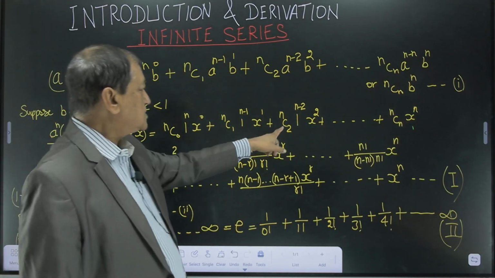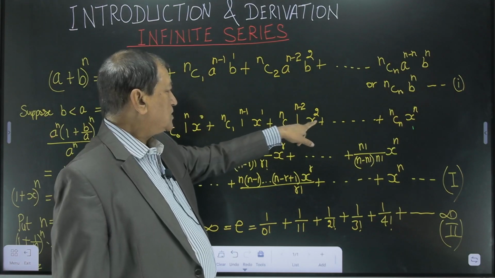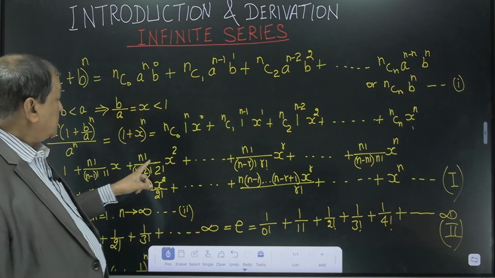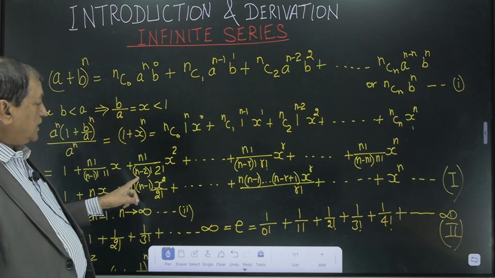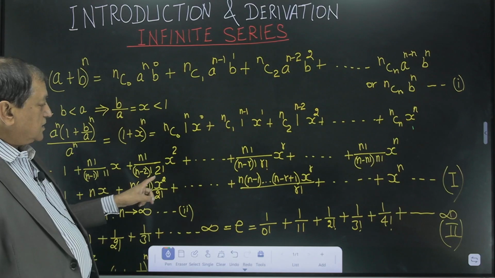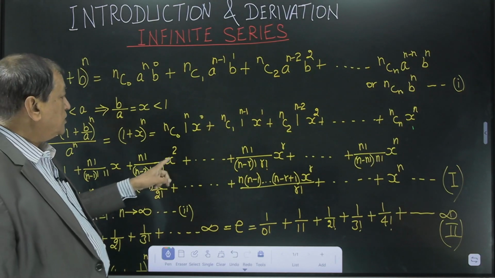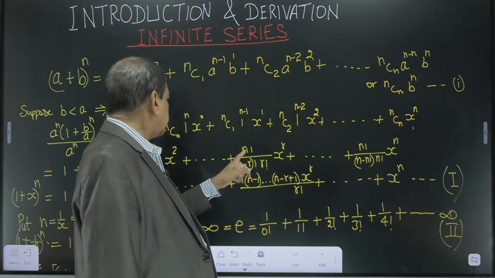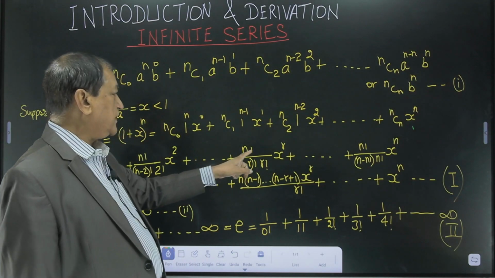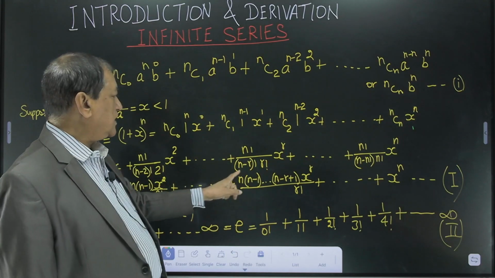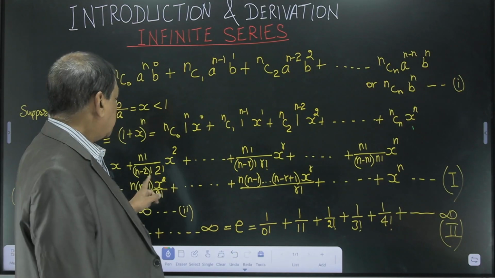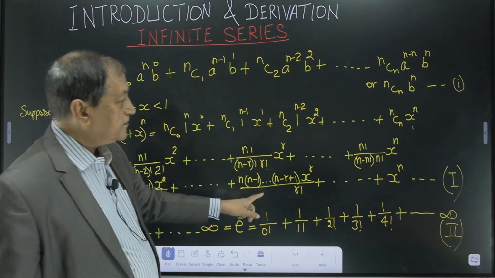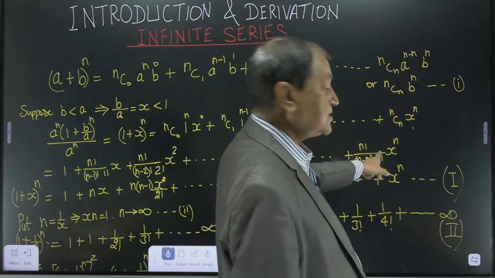Again we open this nC2 into x square. So nC2 is n factorial divided by n minus 2 factorial and 2 factorial, into x square. Similarly, this is the rth term. The rth term is n factorial divided by n minus r factorial into r factorial, x raised to power r, plus so on, and this is the last nth term.